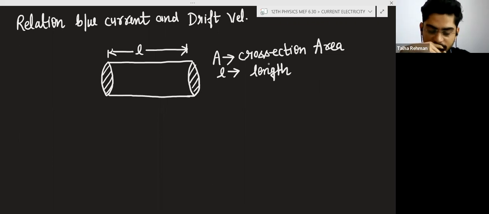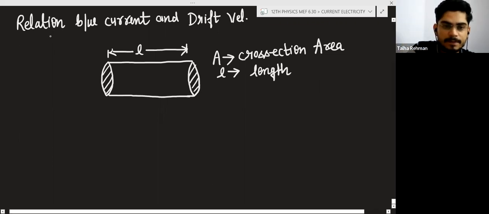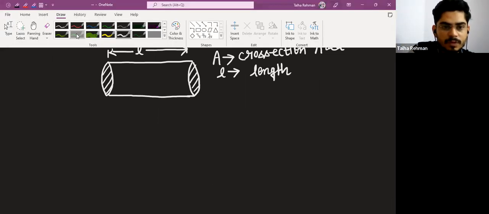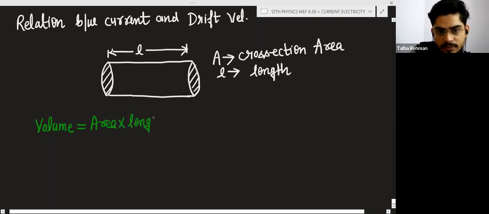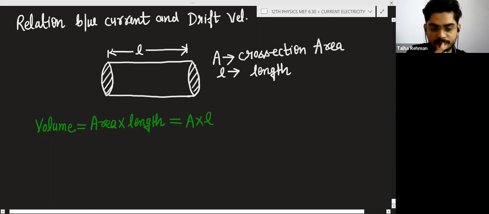So please see here carefully. I am just calculating the volume of this, and we know that volume is area into length. So the volume is equal to area of cross section A into length L. This is the volume of this conductor.